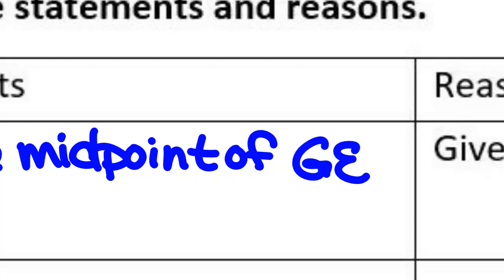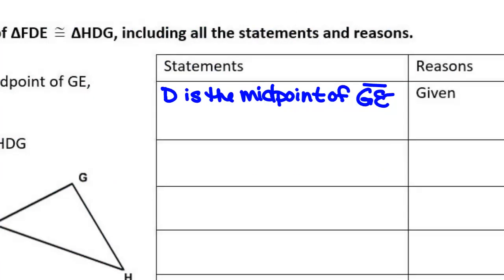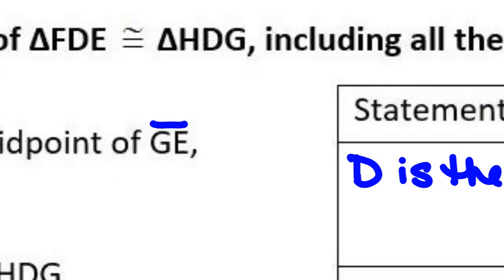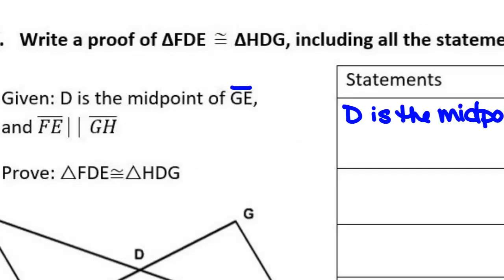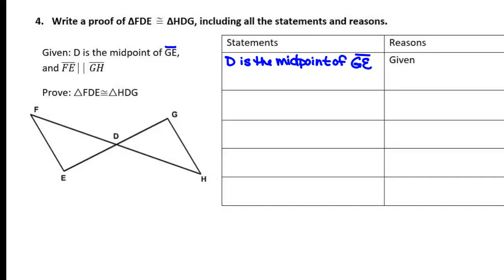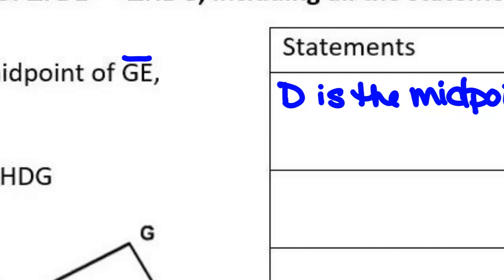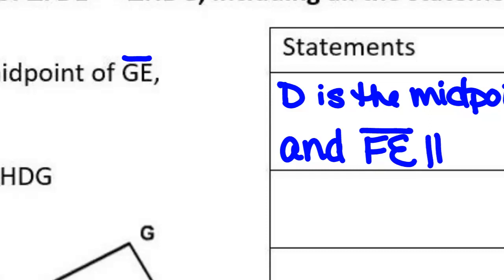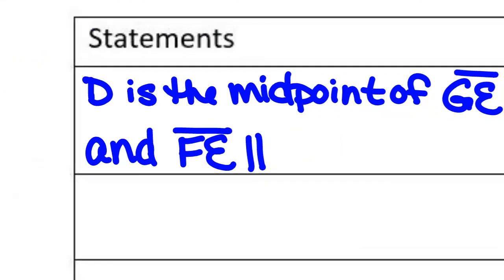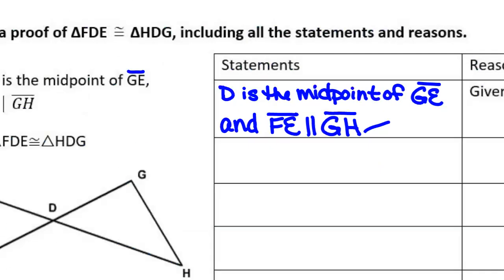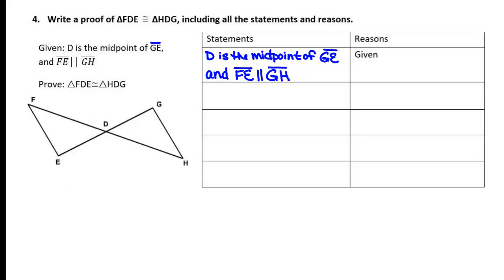GE really should have a segment notation over the top of it. Is there any other given information that I have? And FE is parallel to GH. Again, I usually like to stick all of my given information in that very top box.